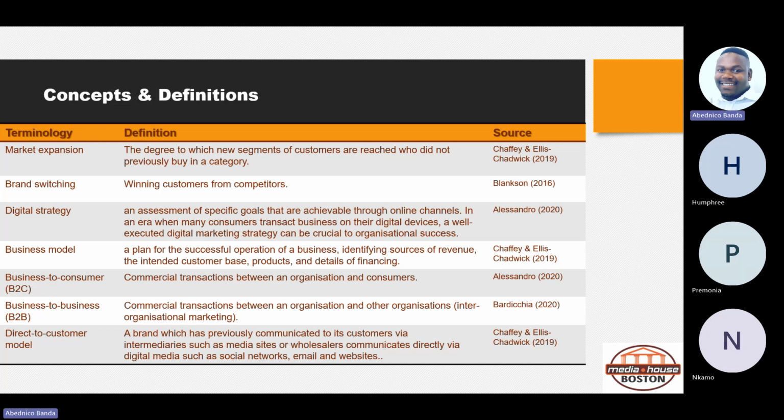You are also going to come across the concepts of B2C, B2B, and direct customer models. I know that you have heard these terms before. You might struggle to discuss or explain them, but you must be familiar with these terms. Which terms, guys, do you feel are strange? Which are very new to you?